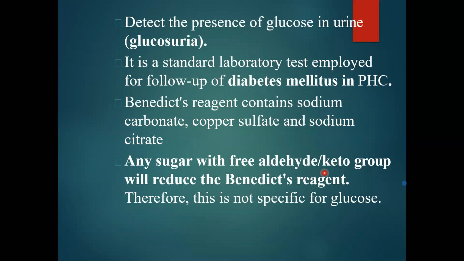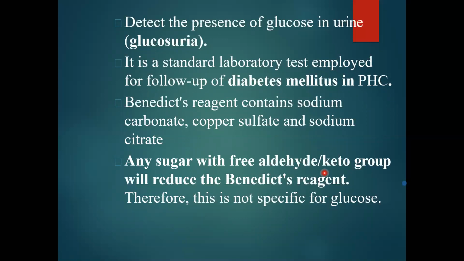It is mostly used, as I already told, for the detection of glucose in urine samples. It is a standard laboratory test which is employed for the follow-up of diabetes in PHC patients. Benedict's reagent contains sodium carbonate, copper sulfate, and sodium citrate.